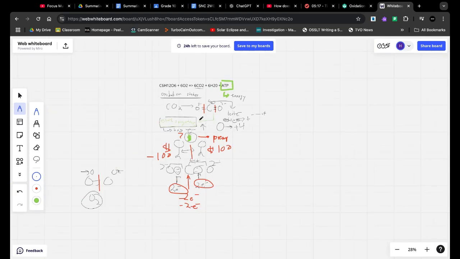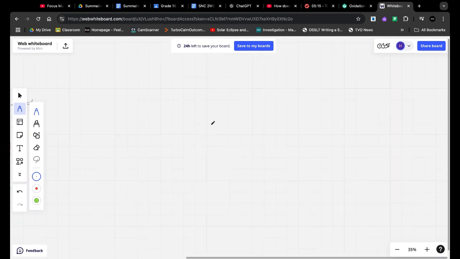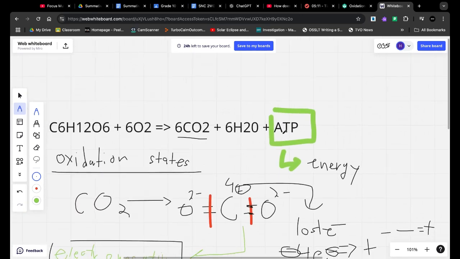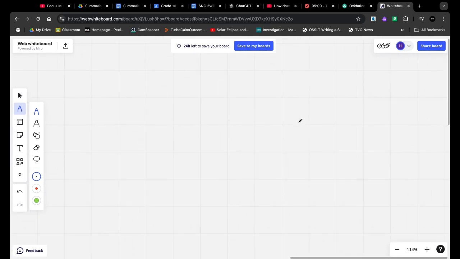So now that we understand oxidative state, let's move on to more about the specific reactions. To understand oxidation and reduction, and how it's applicable to cellular respiration, it's important to understand the key basics first.